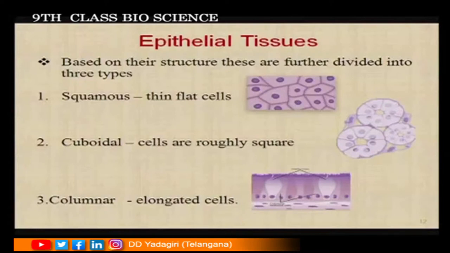And the third one is the columnar epithelial tissue. In this tissue, the cells are elongated, column-like structures. If you see the diagram here, you can observe that these cells are arranged in columns. Hence, this tissue is called columnar epithelial tissue.